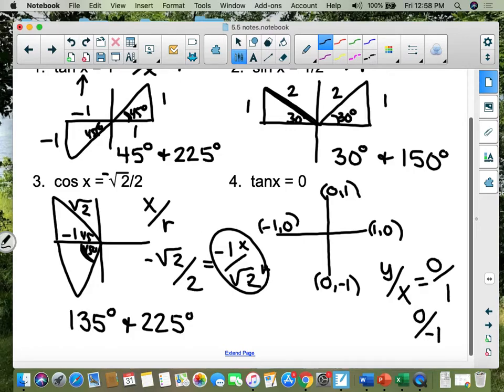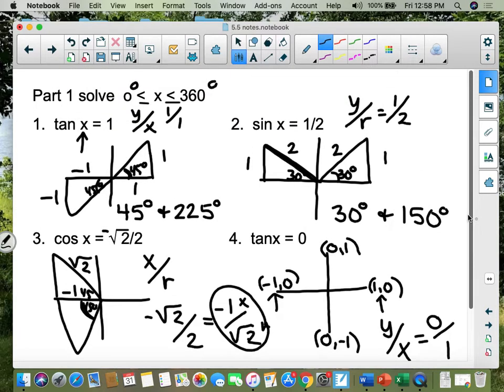So where is your y equal to 0? Here and here, at 0 and 180. And they might try to trick you on the ACT on this type of a problem. Watch out for the stipulation.